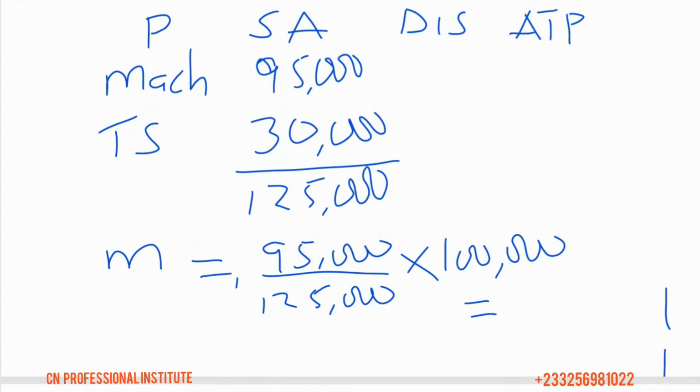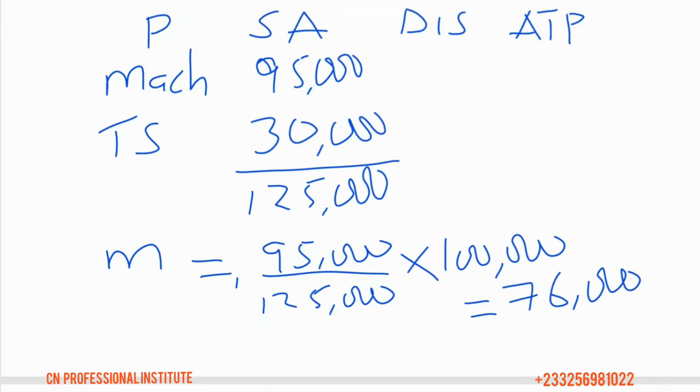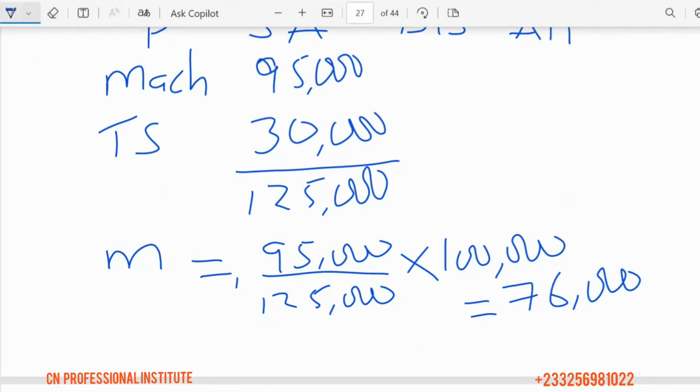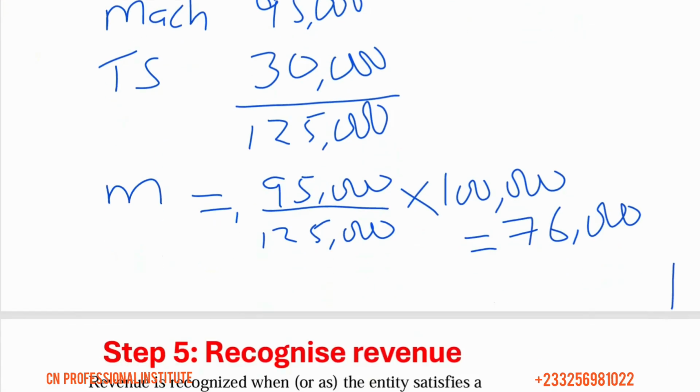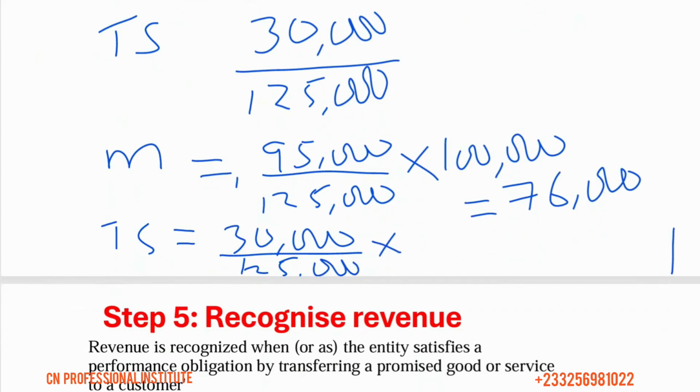So 95,000 divided by 125,000 times 100,000, you have 76,000. So 76,000 is the amount that we have to allocate to the machine. We are allocating the transaction price, not the discount. And then we go to the technical support. The standalone selling price was 30,000 divided by the total 125,000 times the transaction price 100,000.